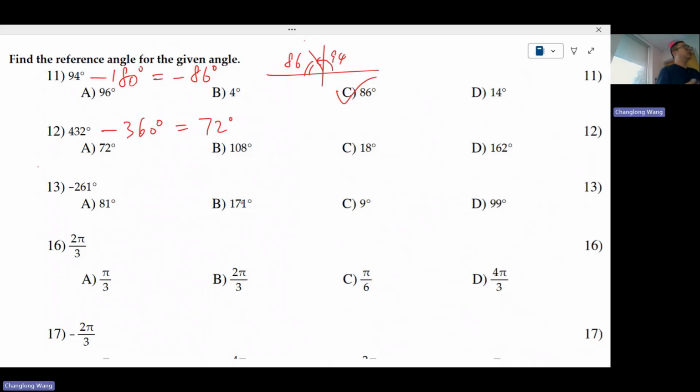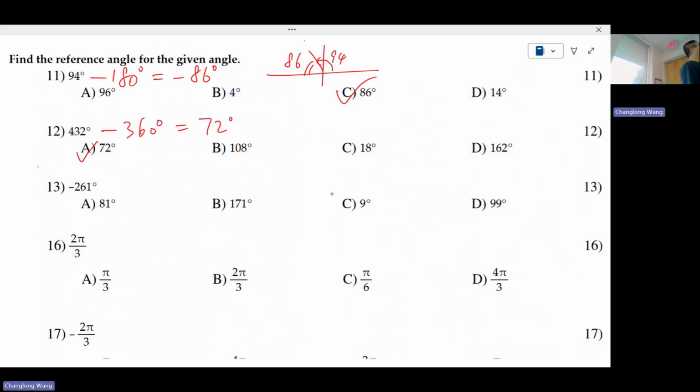Yes, I wasn't trying to find the reference angle, I was trying to get a coterminal angle, but it just so happened this is also a reference angle. Because your goal, don't forget, is to find an angle that is positive and acute, and this is already positive and acute. So therefore, that's it.